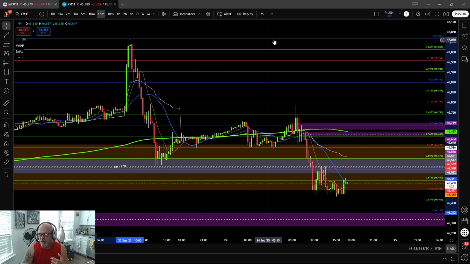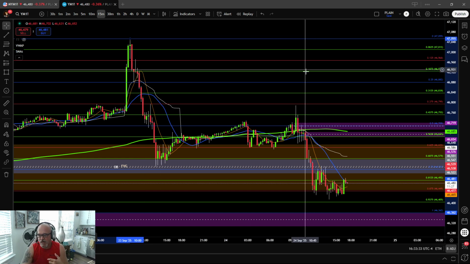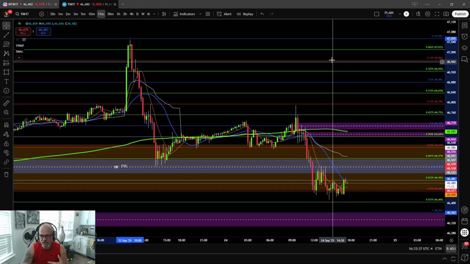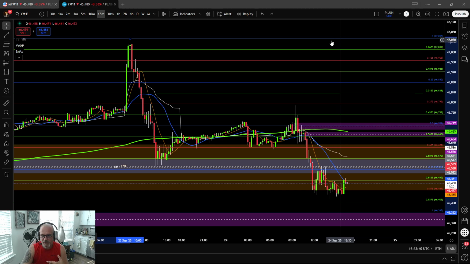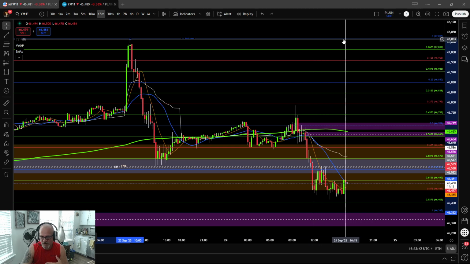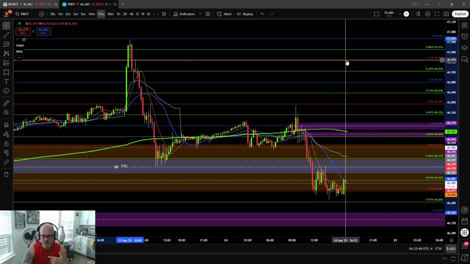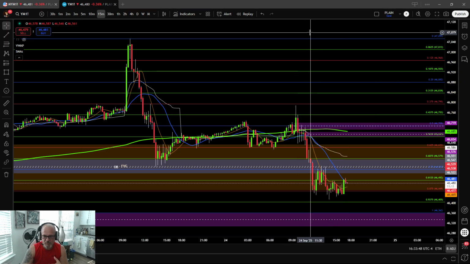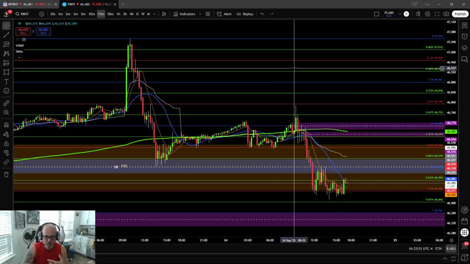Now here, the blue lines are my major 25% levels. The green lines are the 25% levels within that 25% level, and the red line is 50% of that 25% quadrant, top 25% quadrant, right?